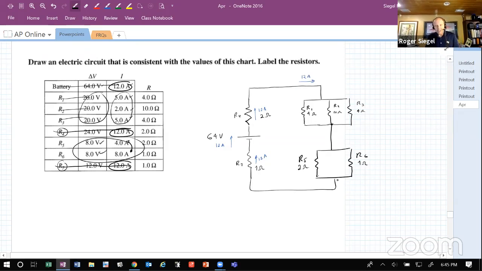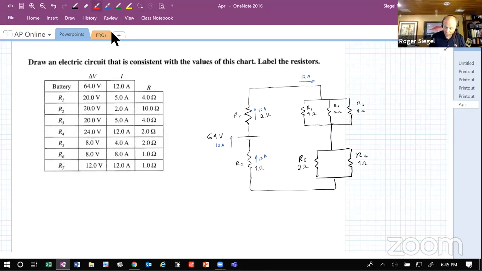And then, if you wanted to, it would be really easy to double check and go back and ask, what about the voltage drop? Let's look at the loop rule. The sum of all the voltage gains and drops around a closed loop has to be 0. Here I have a plus 64. Now I have a voltage drop of IR, 12 amps times 2 ohms. That's minus 24 volts.